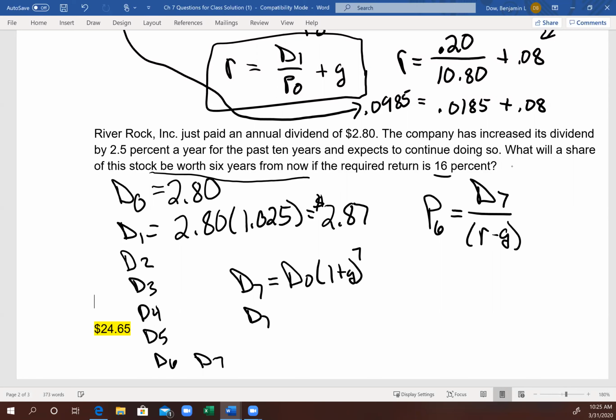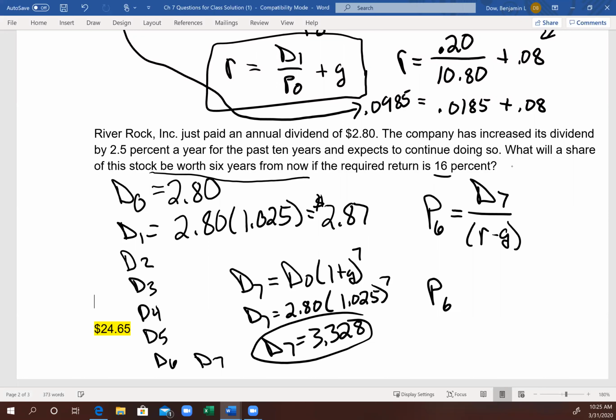So D7 is equal to $2.80, growing at 2.5%, but it's doing so for 7 years. So that would put D7 at $3 and almost 33 cents.